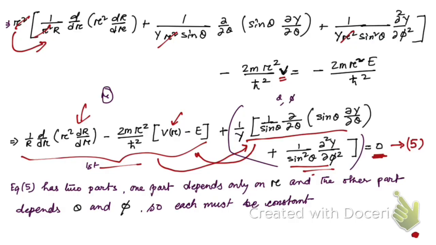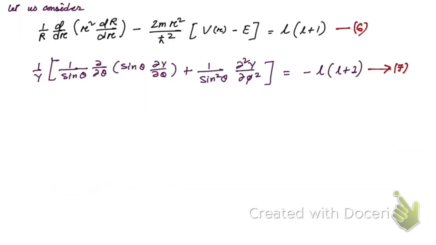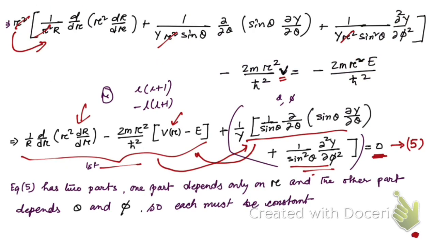The reason behind considering each of them equal to l into l plus 1, as we have written here, is that this l is the orbital angular momentum quantum number.